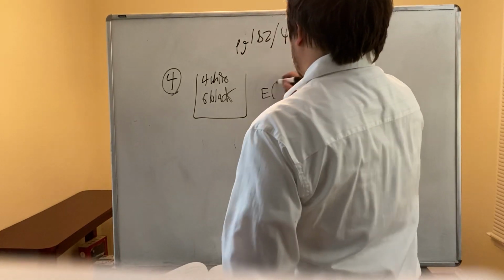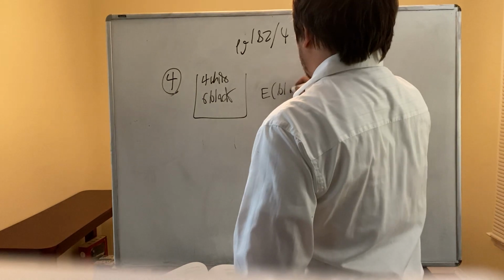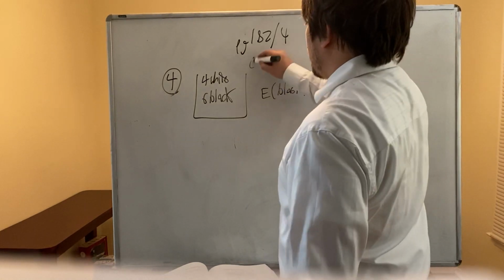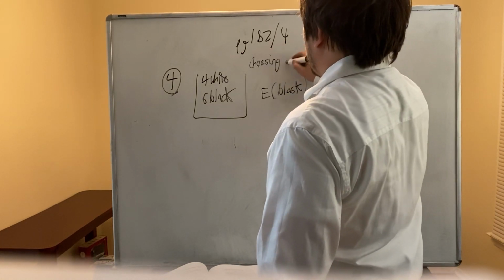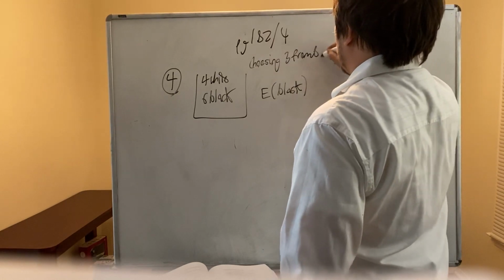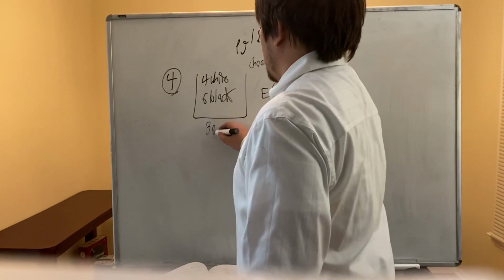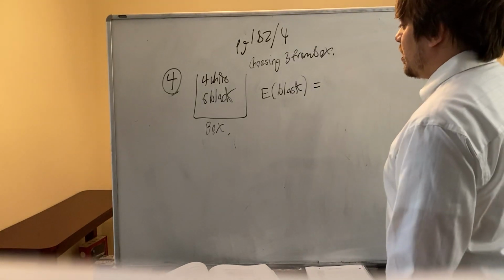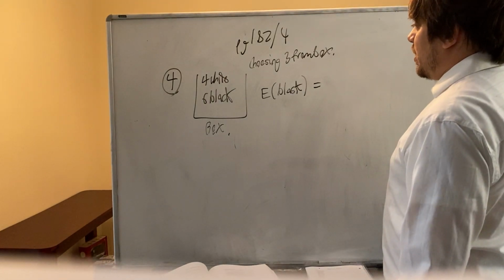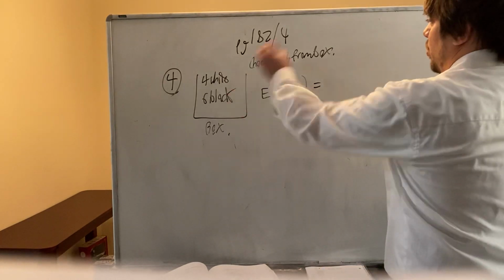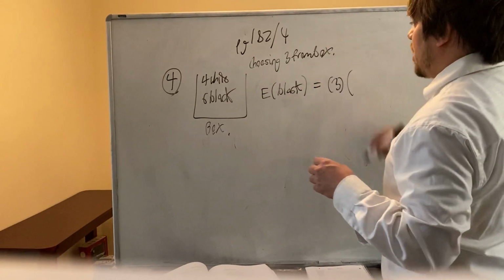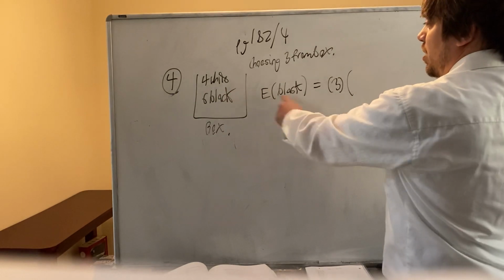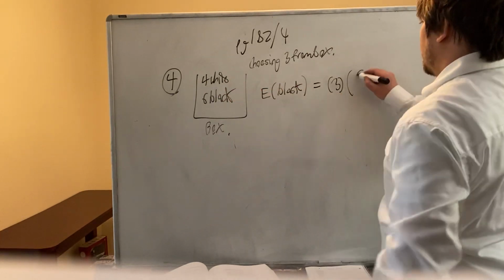So the expected number of black balls, if we're choosing 3 from the box, is the number of balls I'm choosing, which is 3, times the probability of choosing a black, which is 6 out of 10.